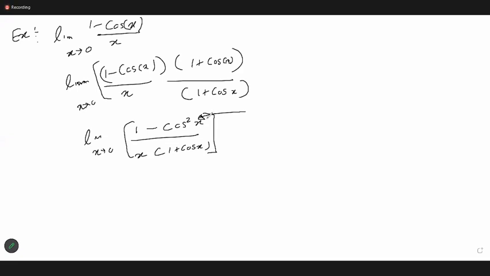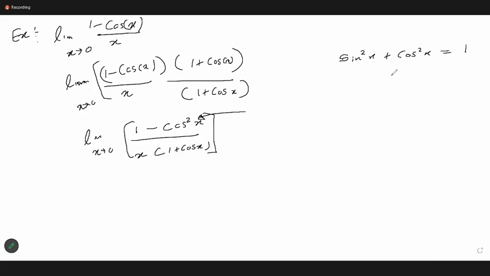It's equal to sin x. Yes. How did you get it? Because we know that sin squared x plus cos squared x is always equal to what? 1.